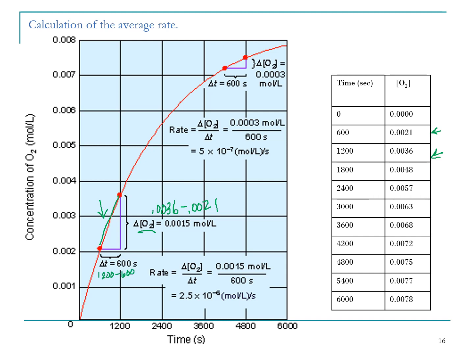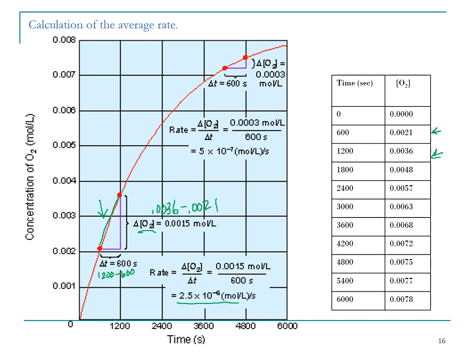So the rate over this interval of time is 0.0015 moles per liter per second. You could say moles per liter per second, or you could say molarity per second. If you divide that out, you get 2.5 times 10 to the minus 6 molarity per second. That's the change in oxygen over that time.